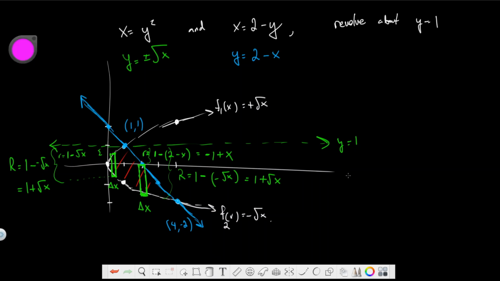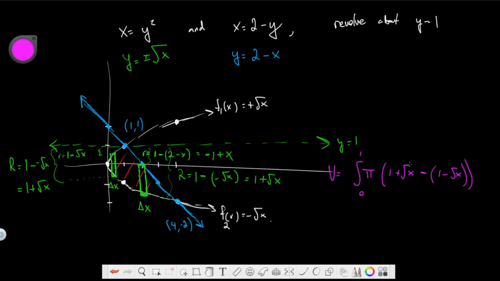Let's choose purple. I haven't been using purple enough. Okay, so we have the integral from 0 to 1, the volume of this thing. It's going to be the integral from 0 to 1 of pi, I could throw that pi in the front if I wanted to, but I choose not to, r, which in this washer's case is going to be 1 plus root x minus 1 minus root x.